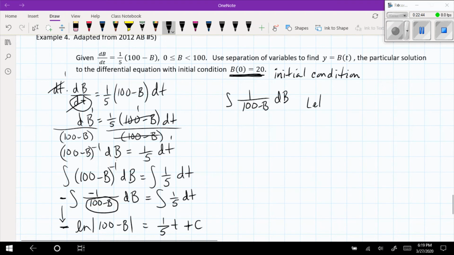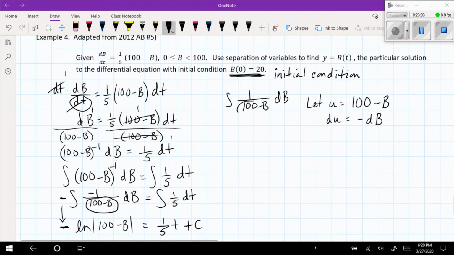We're going to say let u equal 100 minus b, and then du would equal negative dB. Well, I don't have a negative dB. I have just dB. So in the previous example, same thing happened. We're going to do this here as well.